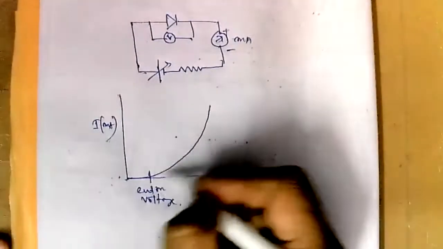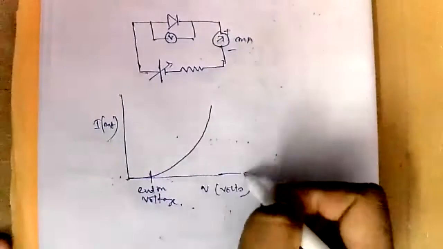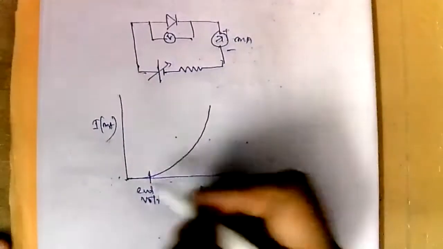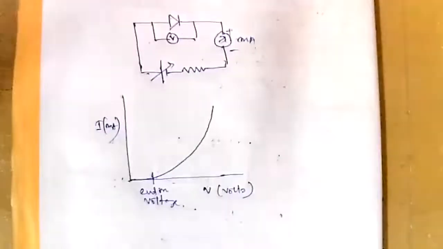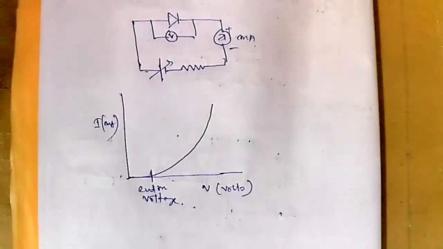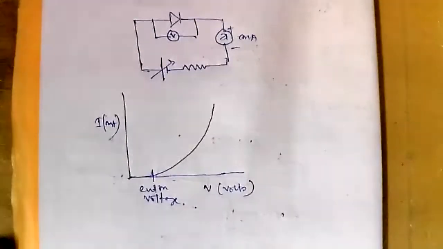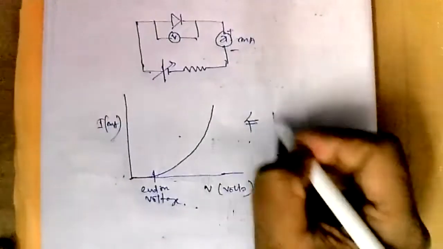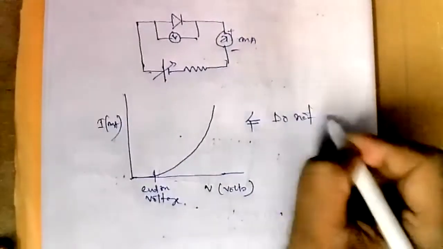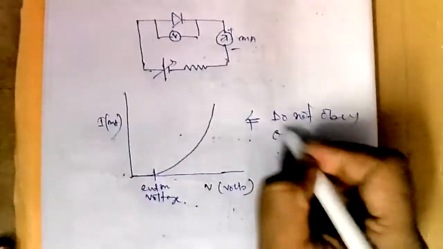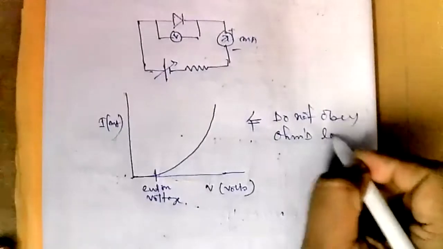So you will get very large current with very little change in the voltage when you go above this cut-in voltage. Okay. So it is not a straight line graph, so it does not obey Ohm's law.